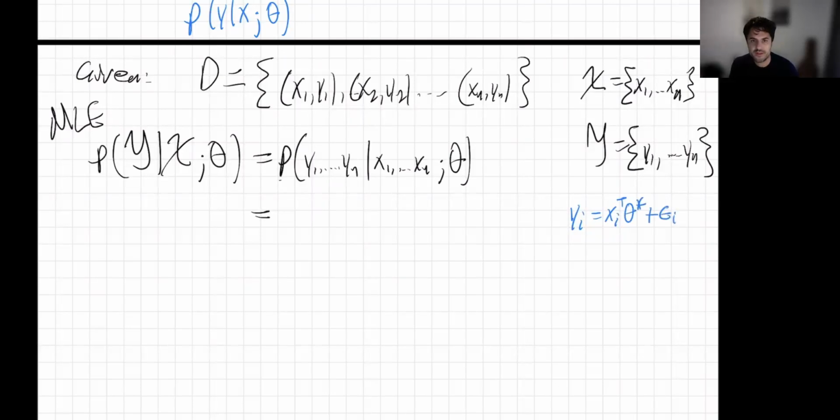So for each example i that we're generating, someone is giving us an xi. We're taking the inner product with theta star, and we're adding an independently drawn Gaussian variable with zero mean and variance of sigma squared. That's how data is generated. So basically what this is telling me is the following with respect to what I need to do here.